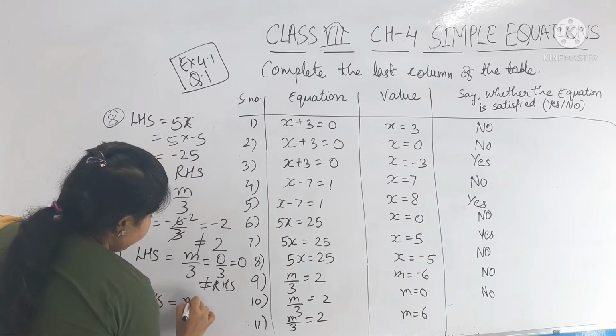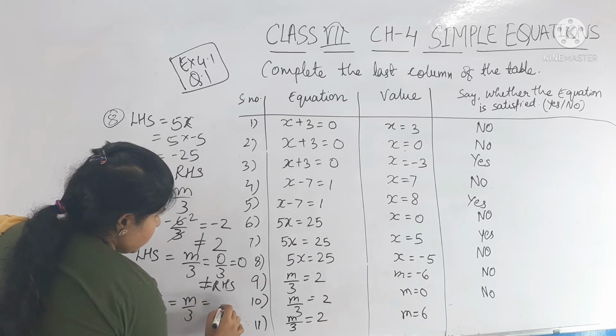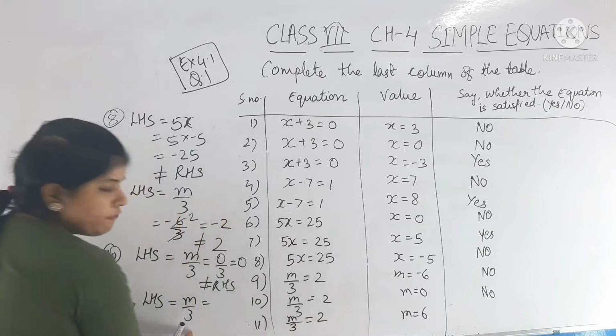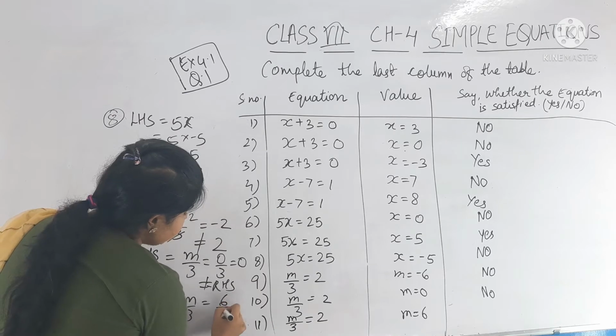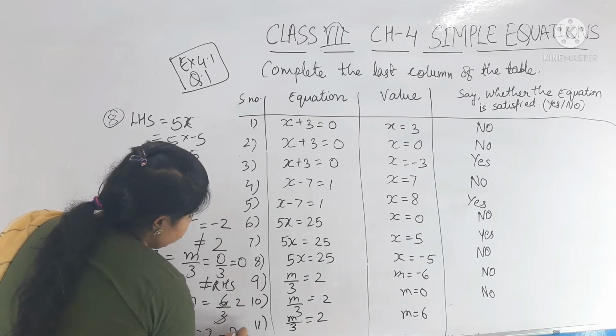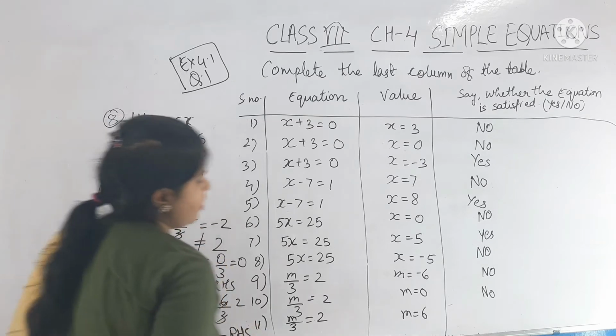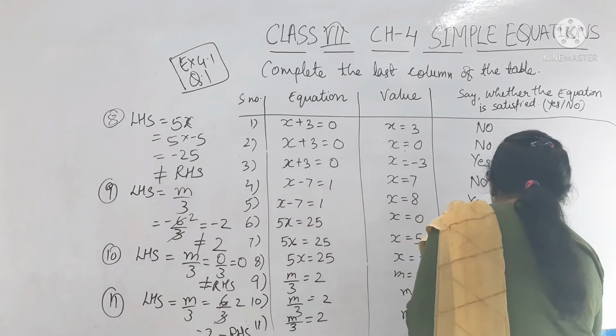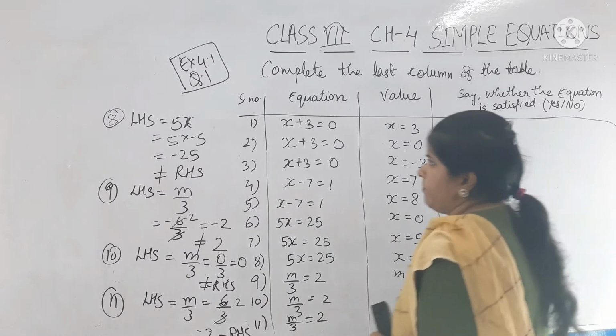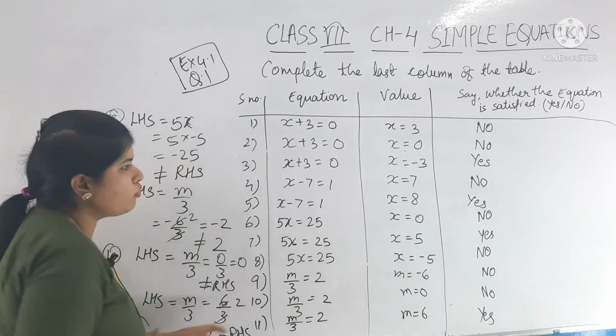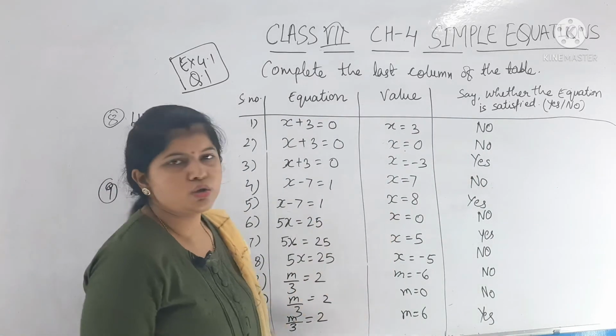LHS equal to m by 3, and m is equal to 6 we have to substitute here. So 6 by 3, that is 3 twos are 6, that is equal to 2, equal to the right hand side. So it is yes. Like this you have to complete this table, that is question number 1.